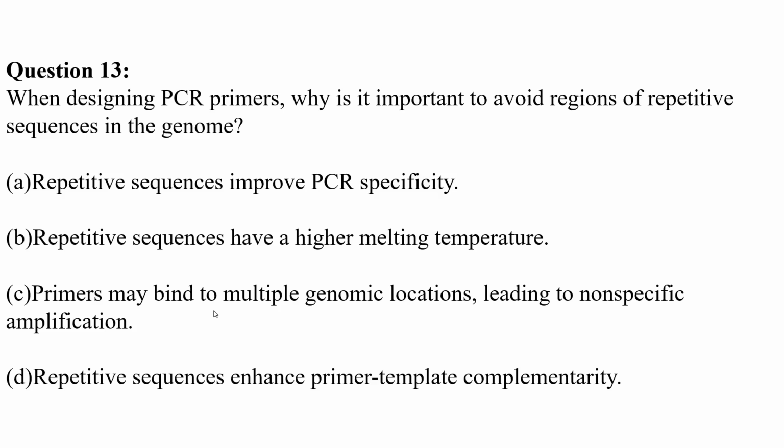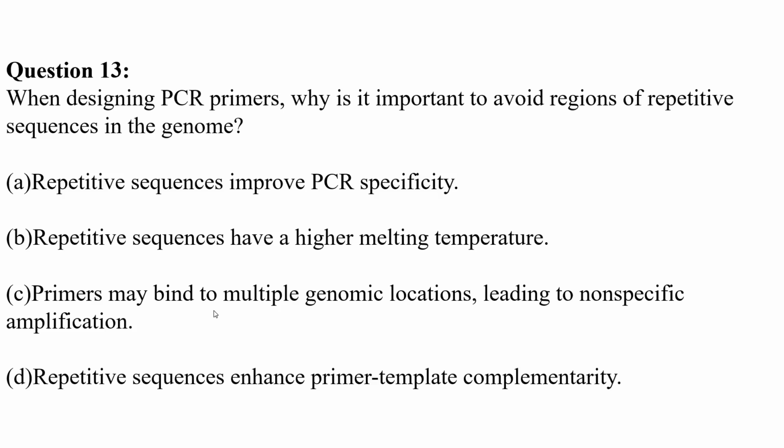When designing PCR primers, why is it important to avoid regions of repetitive sequences in the genome? Option A, repetitive sequences improve PCR specificity. Option B, repetitive sequences have higher melting temperature.